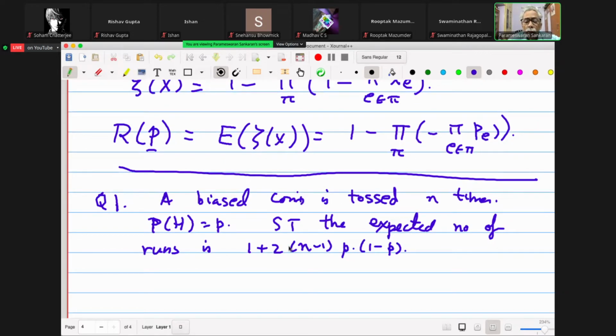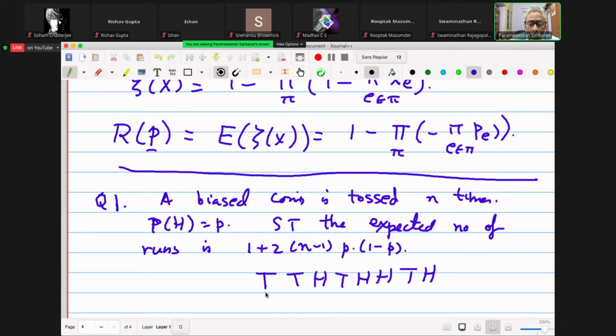In these types of problems, you must understand what is the elementary concept or event that is relevant here. So first of all, what is a run? I think this concept had been defined. So suppose you have something like TT, H, T, HH, T, H, and the expected number of runs.